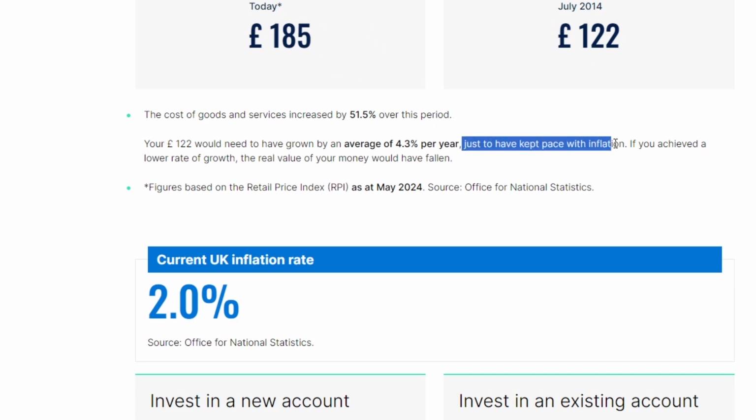Just to have kept pace with inflation, that's what it needs to have grown to. If you've achieved a lower rate of growth, the real value of your money would have fallen. So if you have money stuck in a bank account or it's sitting there saving, you're basically going to lose 4.3% per year. So anything above that is technically classed as a gain.